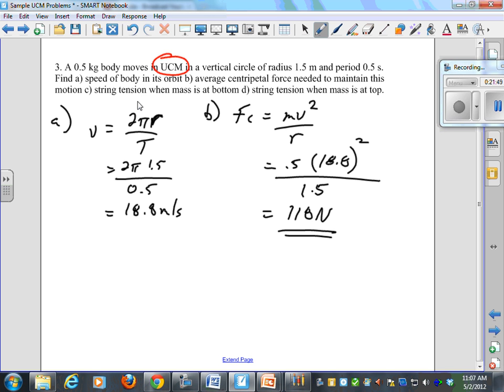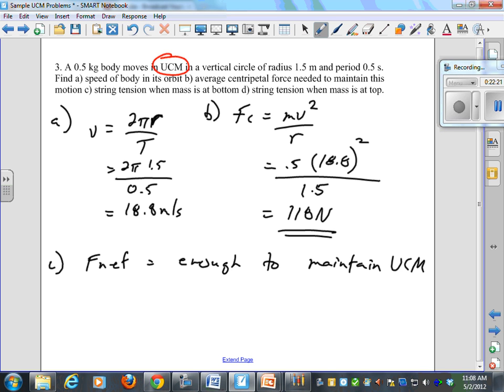Okay, what's the string tension when the mass is at the bottom? Now, this is the critical part here. Is it going to be more at the bottom? Yes. So at the bottom, the net force is enough to maintain circular motion.